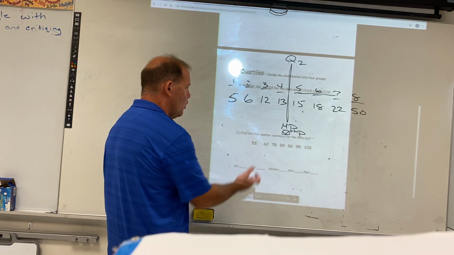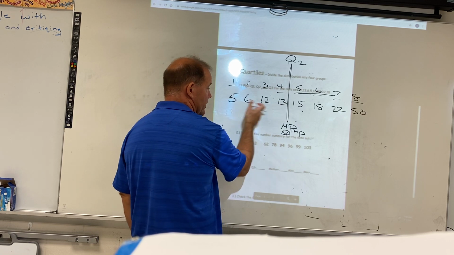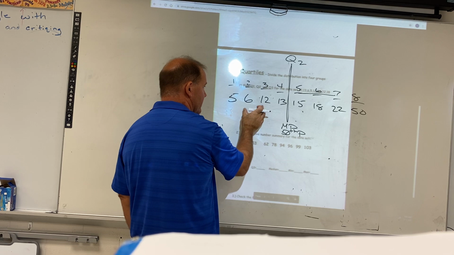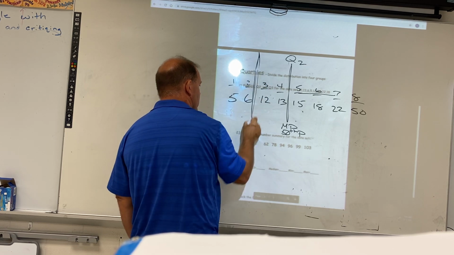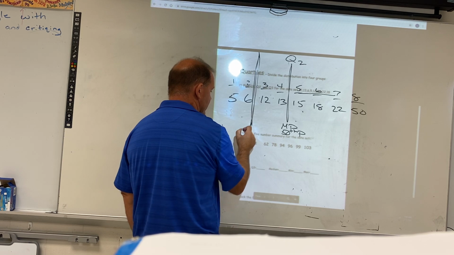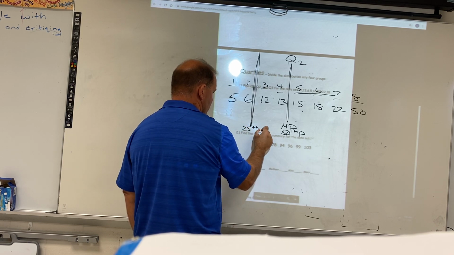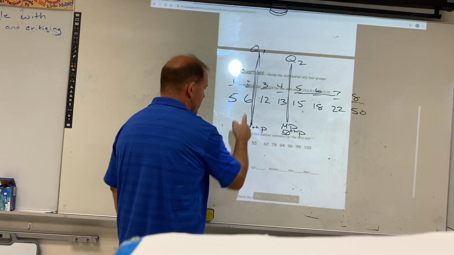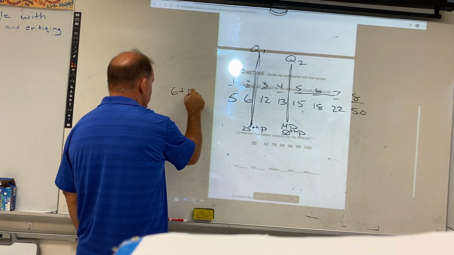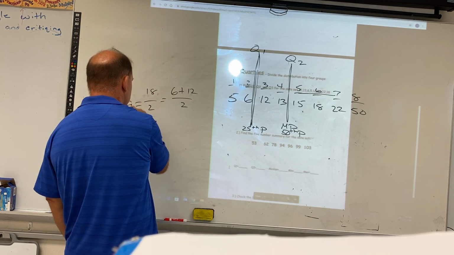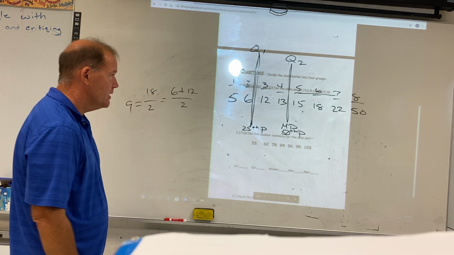When you look at this side of your data, I have my data in 2 pieces. What's the middle of this data? Between these 2 values, that's going to be the 25th percentile, or Q1. What is the average between 6 and 12? The average is 9.